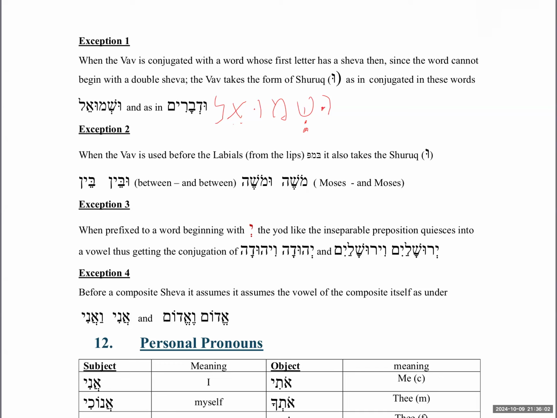What happens to the rule when two shvas come together? You generally pronounce the second one. So why was there a need for ve to become u? Because we are talking about the rule that's inside a word, and here we're talking about prepositions that are starting a word. Inseparable prepositions.